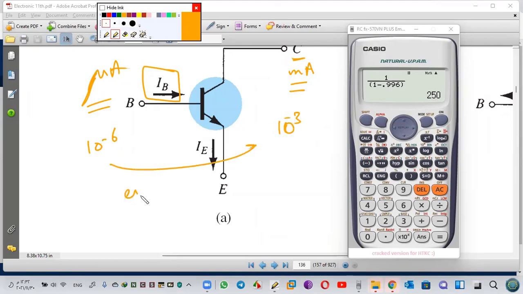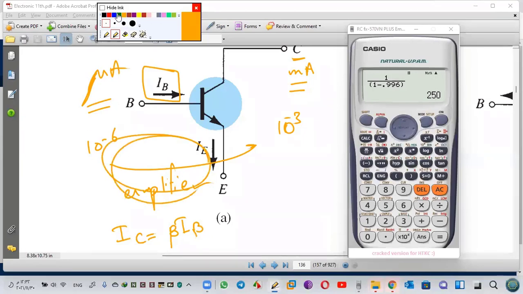This is called an amplifier. That means IC equals beta IB, and this is an amplifier. Why do we call it an amplifier? Because IB current is in micro and IC is in milli. For that reason, we can say our current increased 1,000 times.